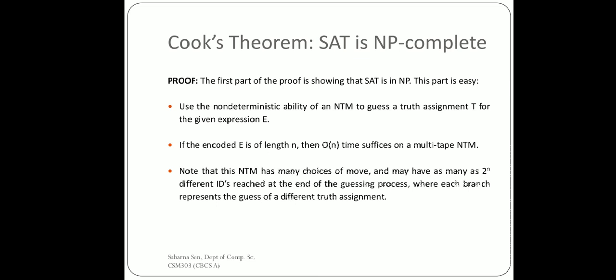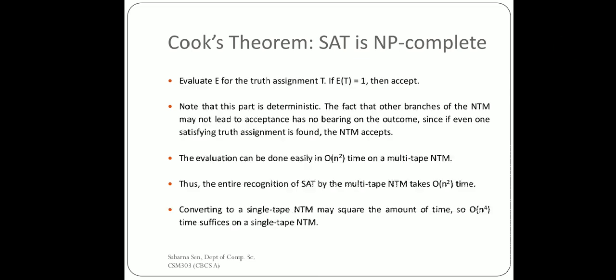And this non-deterministic Turing machine has many choices of move and may have as many as 2 to the power n different IDs reached at the end of the guessing process, where each branch represents a guess of a different truth assignment. This is the number of choices, because for any non-deterministic approach, whenever the length of the string is n, there can be 2 to the power n choices, right?